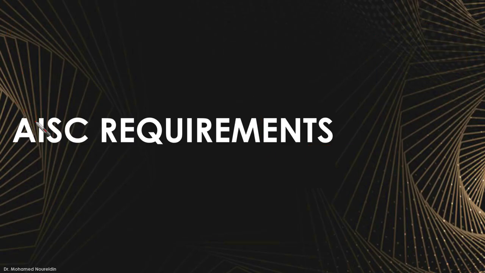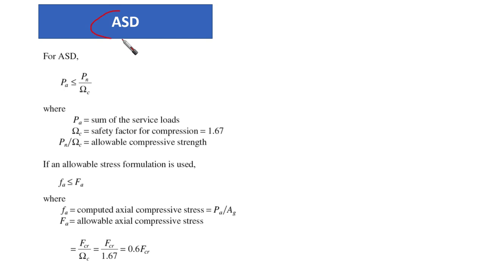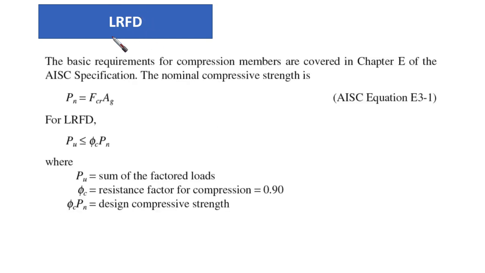Okay, now let's go to the AISC requirements for compression members. First of all, we have LRFD and then we have ASD. Let's start with the LRFD. The basic requirements for compression members are covered in Chapter E of the AISC specification.